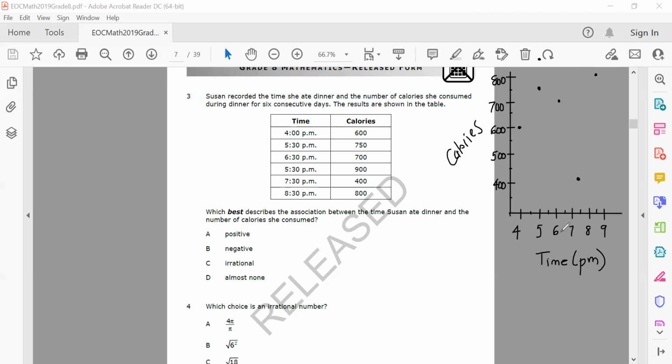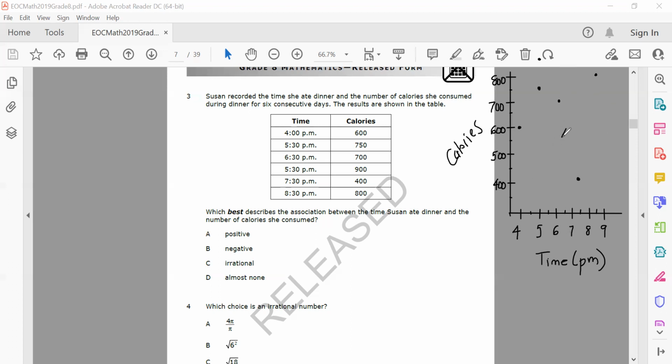All right, so looking at the data, we can see that the data points are scattered. There is no kind of order to them. So the answer would not be positive, because a positive correlation or relationship would be one where the data points follow a pattern, increasing from left to right.